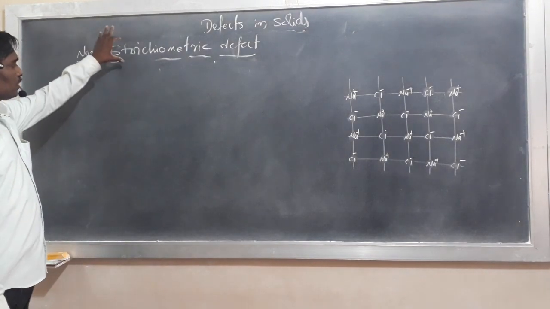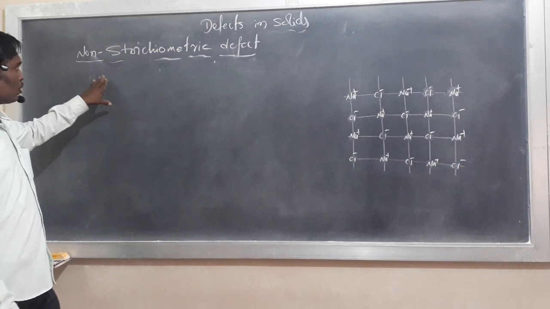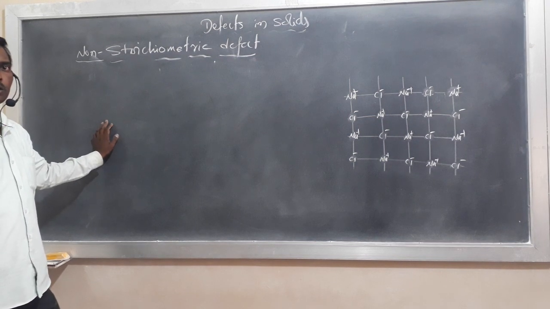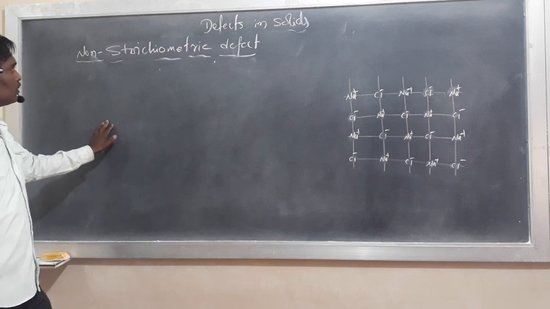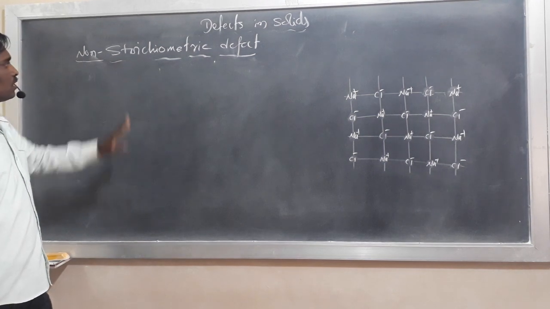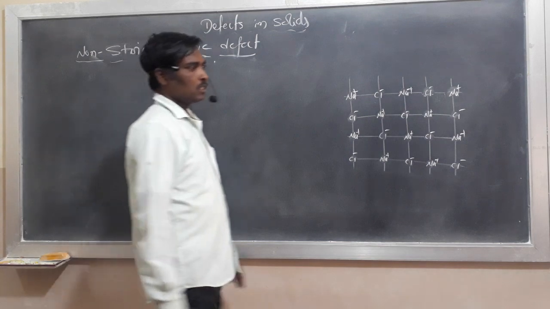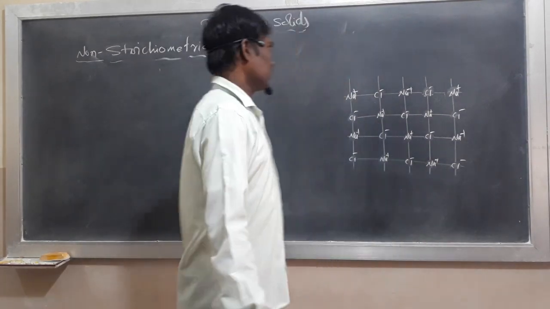In stoichiometric defects, the stoichiometric ratio of the constituent particles is undisturbed. But in the non-stoichiometric defects, the stoichiometric ratio is disturbed.